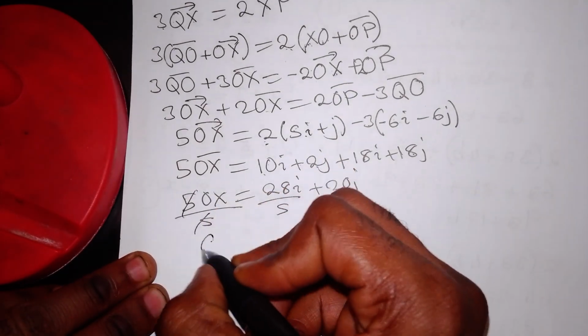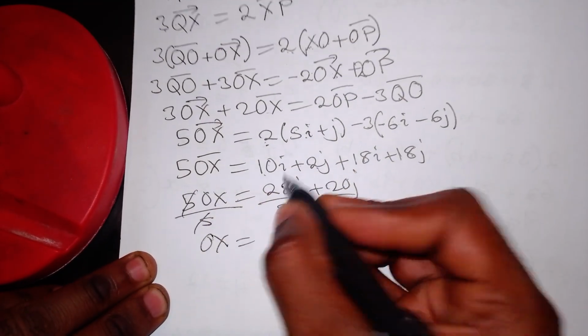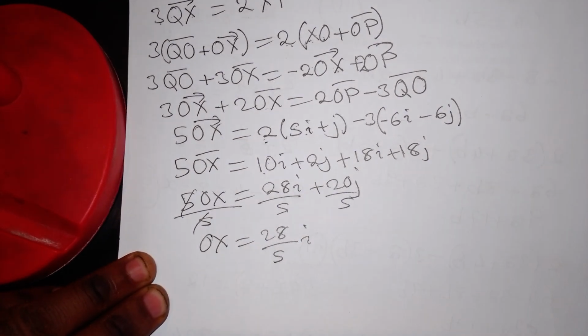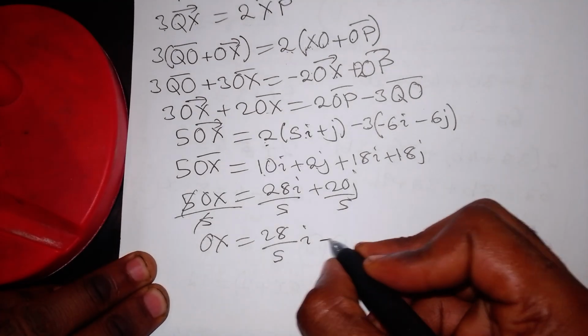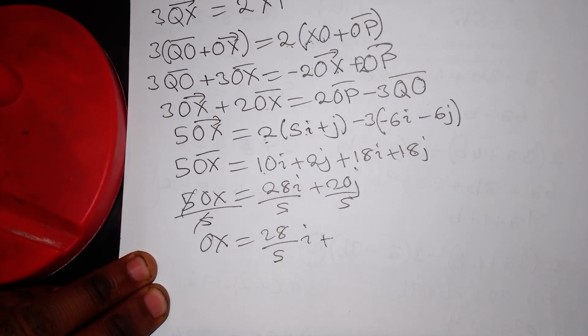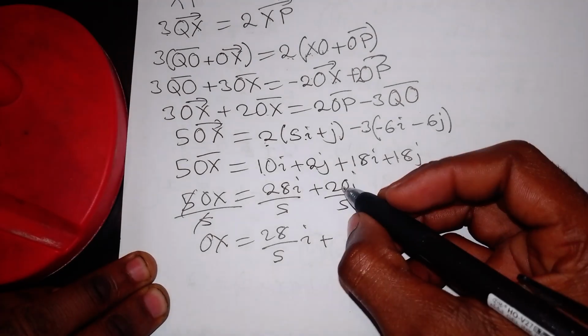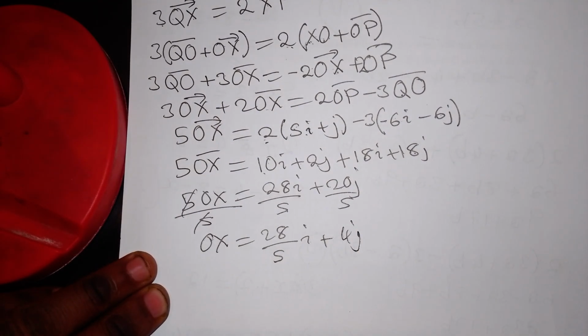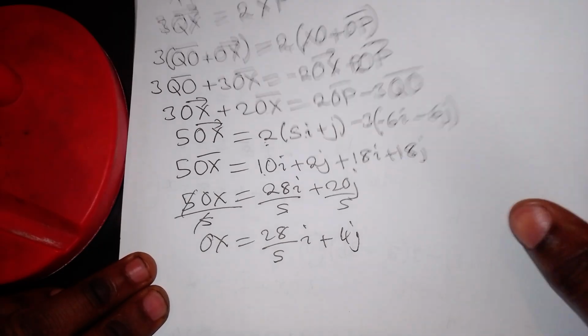Usually you leave this as a mixed fraction or a decimal fraction, but for now I'll just leave it like this. And then 5 into 20, that's a 4. Then you have this and you're done. So this is your OX.